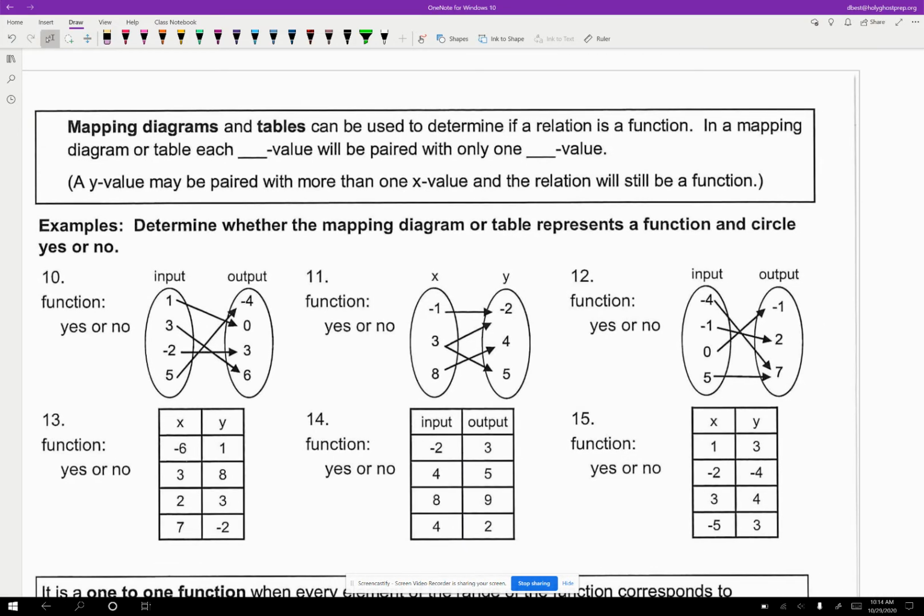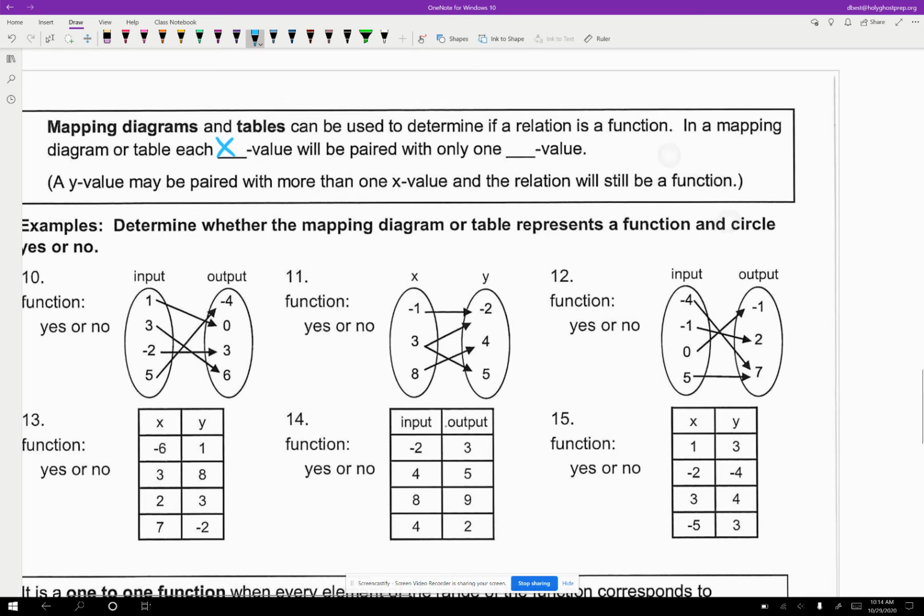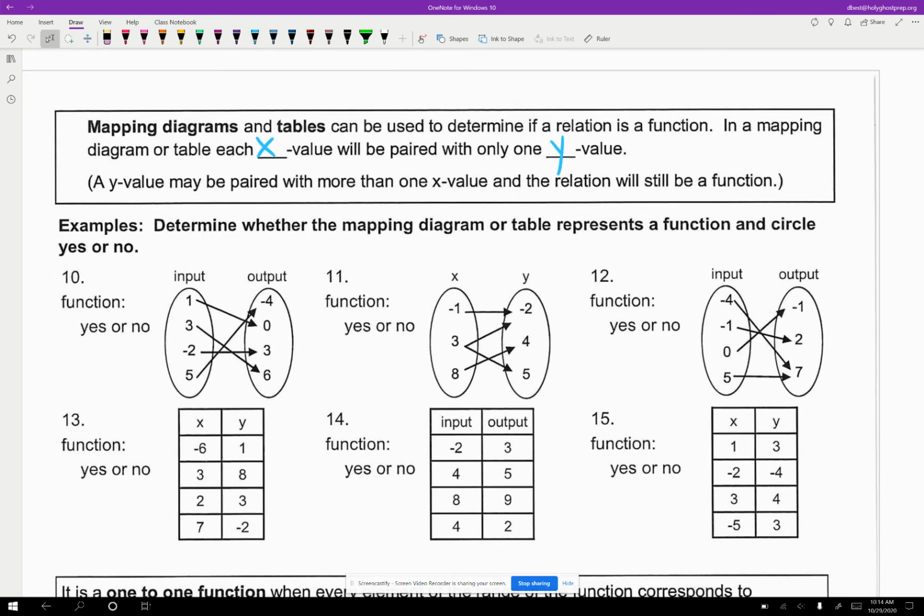Same rules for all of these, just multiple representations. You're looking for each x value to only be paired with 1 y value. And this is important: a y value can be paired more than once, but an x value can't. So you're always just looking for a repeated x.